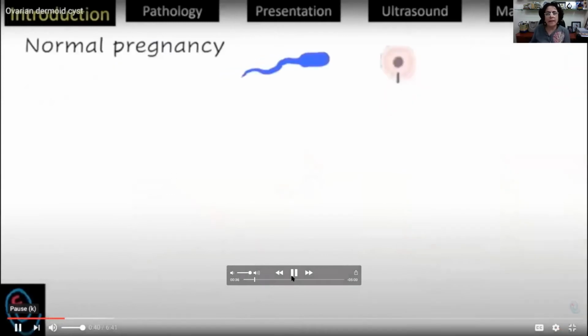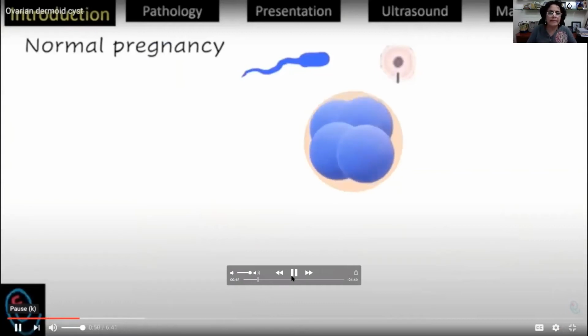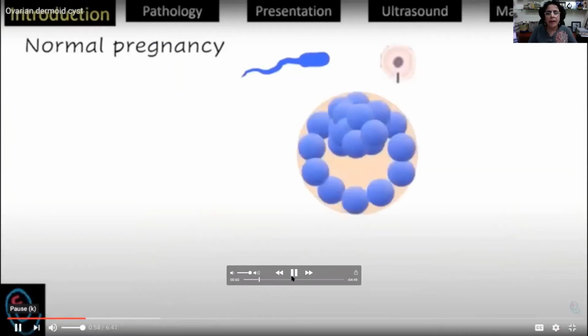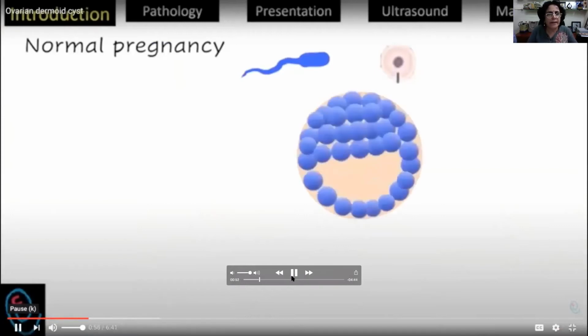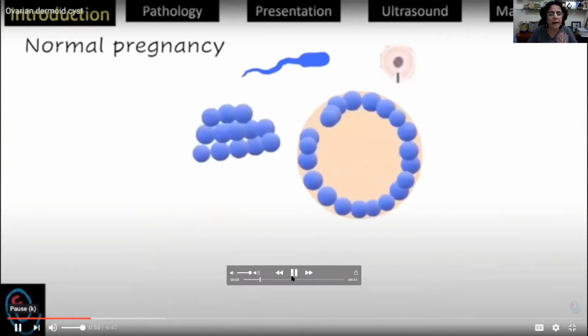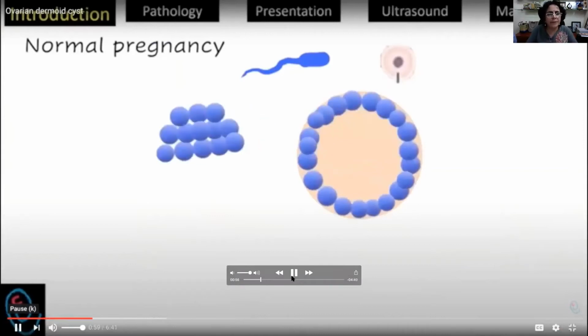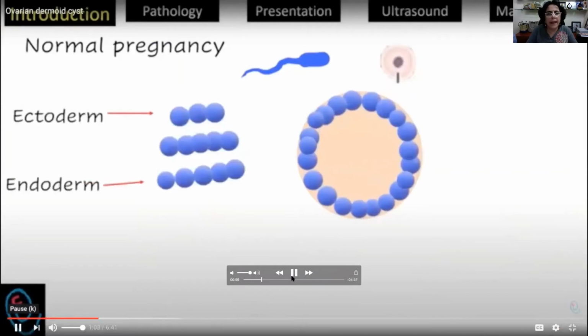Now, normally, when the germ cell meets with the sperm, multiple layers and a large number of cells are formed. A few days later, these cells form three layers around the surface: ectoderm, endoderm, and mesoderm. These three layers are responsible for the formation of all the human tissues.